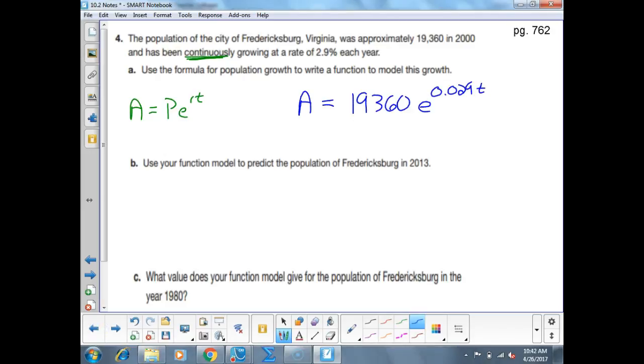If I'm going to use that blue function, what do I need? I need T. So in 2013, what is my T? My T is 13, because we started in the year 2000. So that's 13 years from there. So my function would be A equals 19,360 times E to the 0.029 times 13.